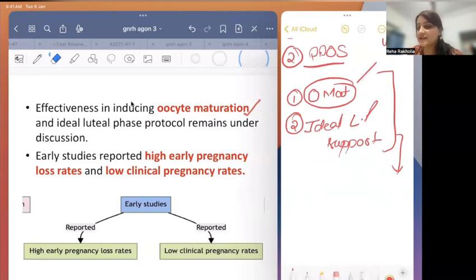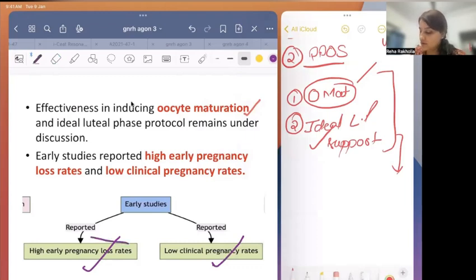And what is the ideal luteal phase support in GnRH agonist triggering? That is also in discussion right now. Earlier we didn't have good luteal phase support, so pregnancy loss and miscarriage rates were high and pregnancy rates were low.